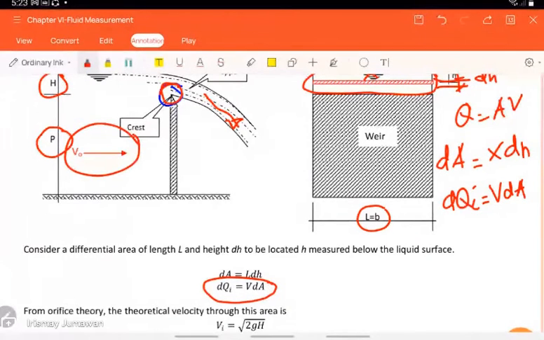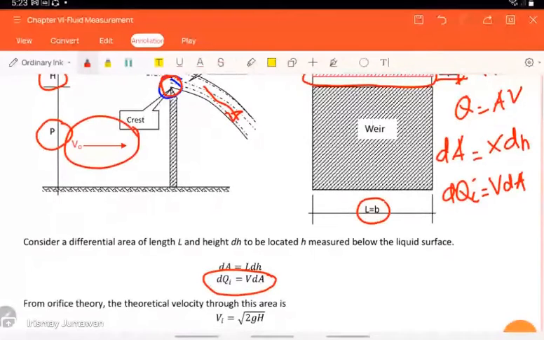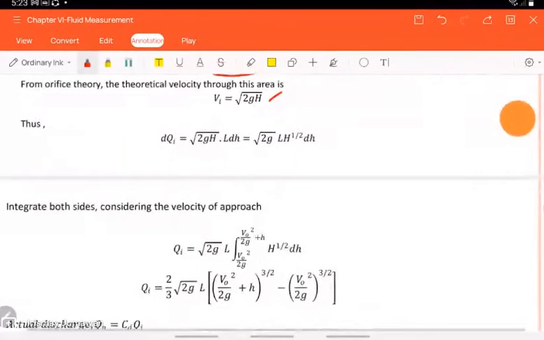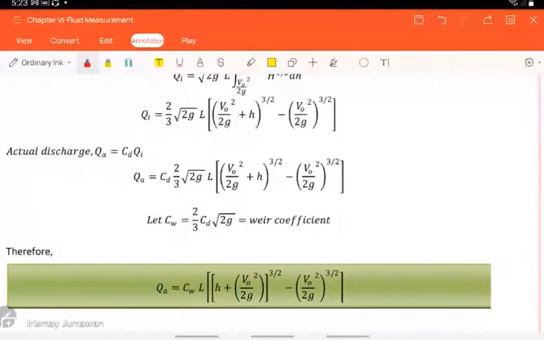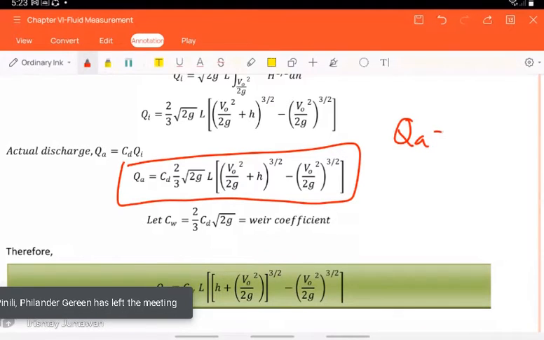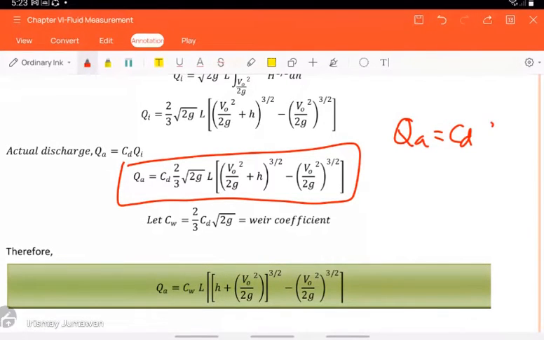So we know that the velocity for the rectangular weir is just equal to the square root of 2gh. So when you derive, then integrate, we come up with this equation. So we have this equation, but we simplify this one. To get the actual discharge, you need to multiply a coefficient to the theoretical flow, or the ideal condition.